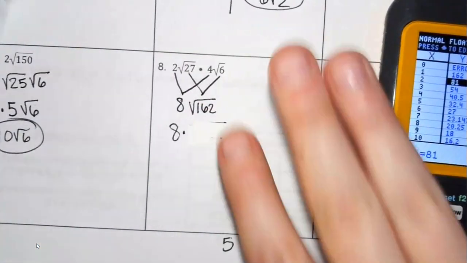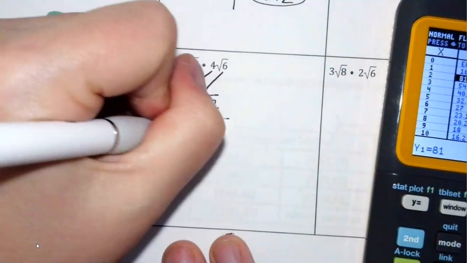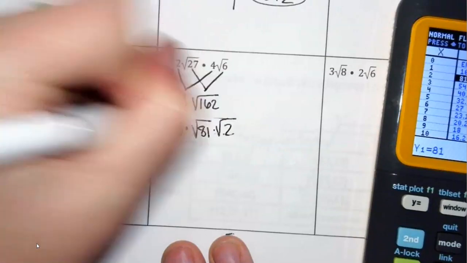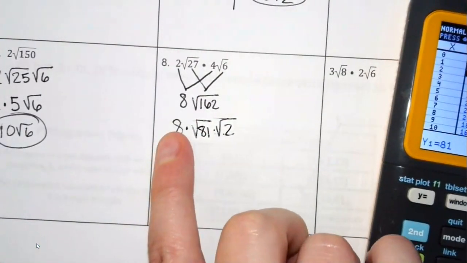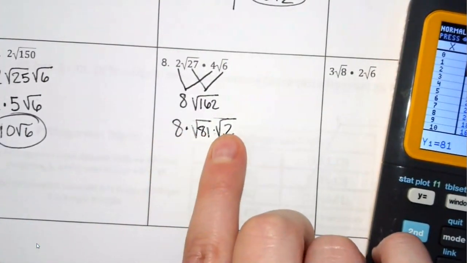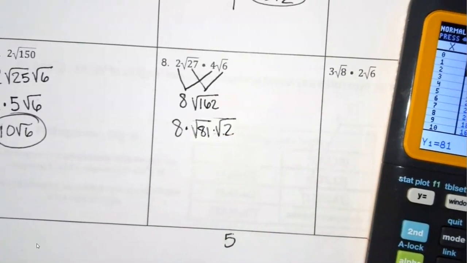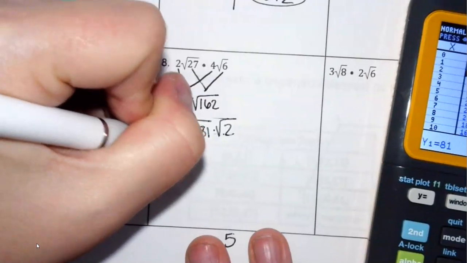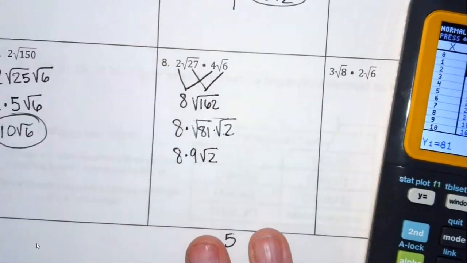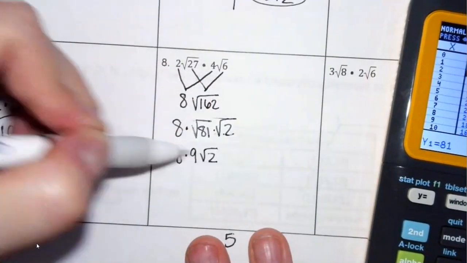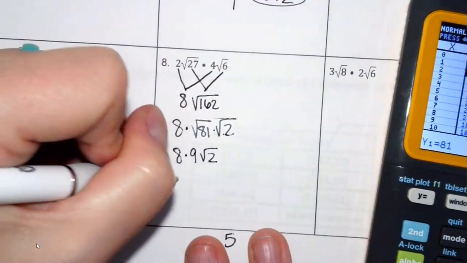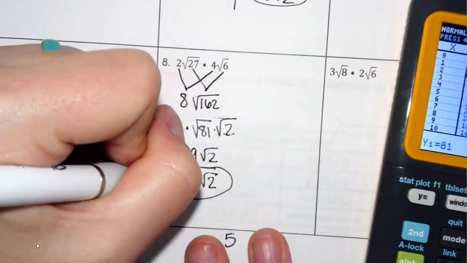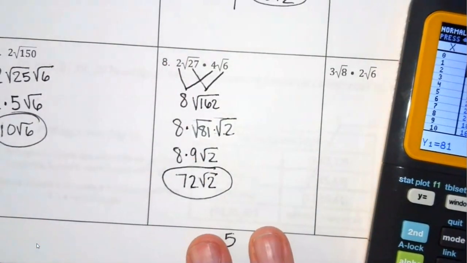Don't do what I just did. The perfect square is written first. That was weird. So 8 times square root of 81 times the square root of 2. So erase that if you copied my mistake before. 8 times 9, root 2. The root 2 can't come out of the square root. The 9 can, because square root of 81 is 9. 72 root 2 is your answer.